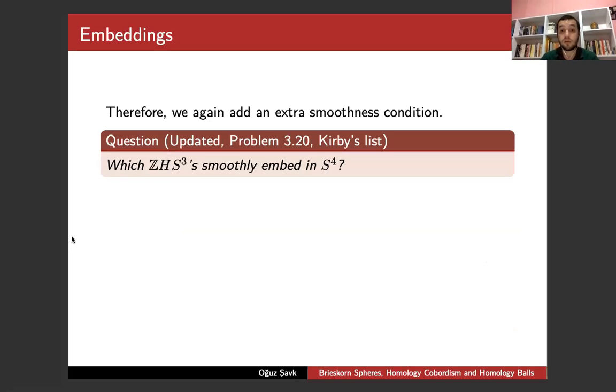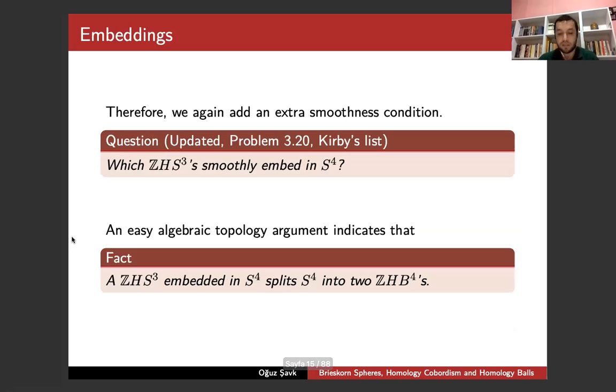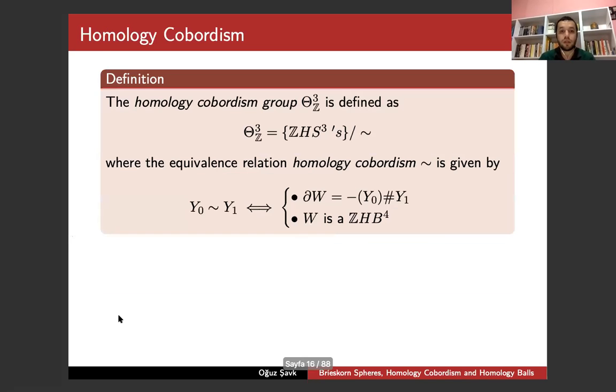It is another important problem in Kirby's list, and we have a very easy fact from algebraic topology: if we have an integral homology sphere which can be embedded in S4, then it splits S4 into two integral homology balls. The consequence of this fact is that embedding implies bounding homology balls. This fact can be seen from the Mayer-Vietoris sequence.